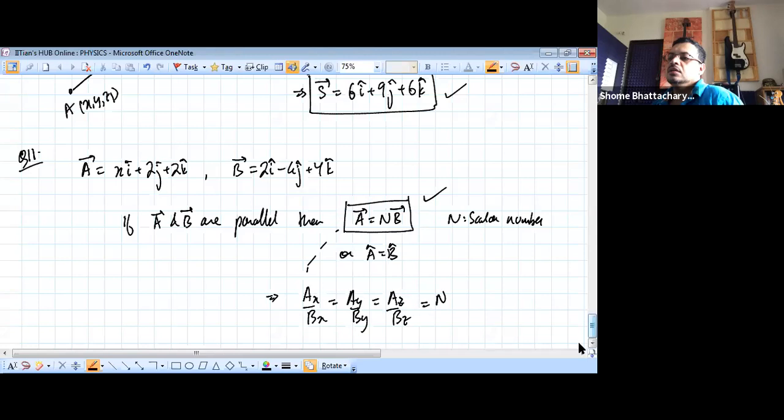Okay. So just apply that over here. So in this case, that means that x by 2 should be equal to 2 upon minus 4 should be equal to 2 by y. This condition.